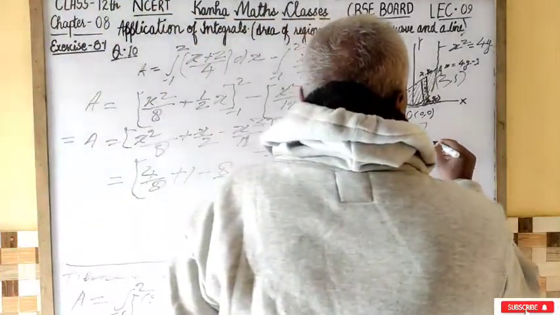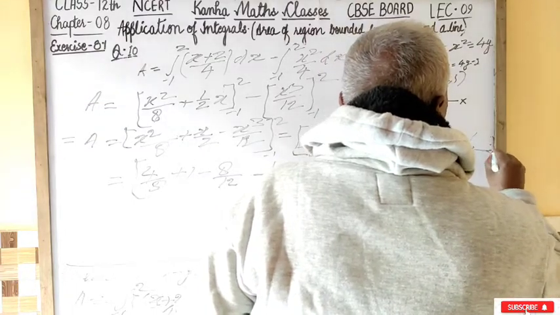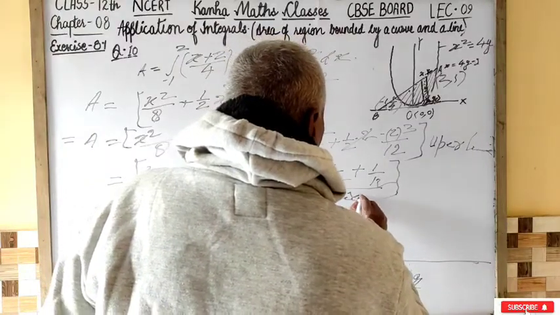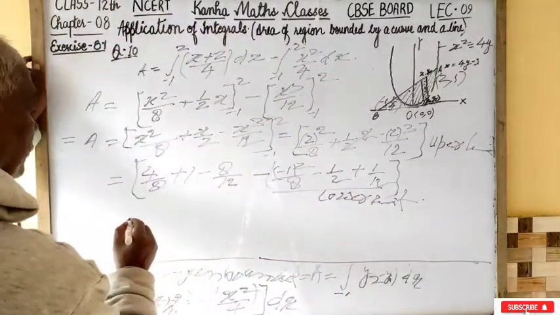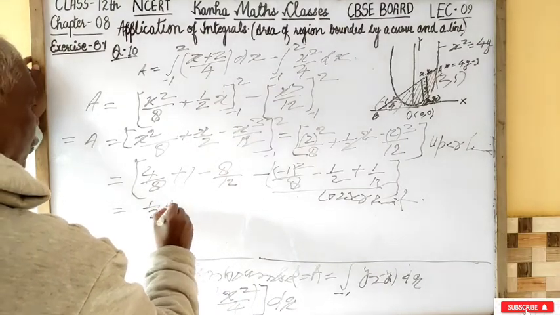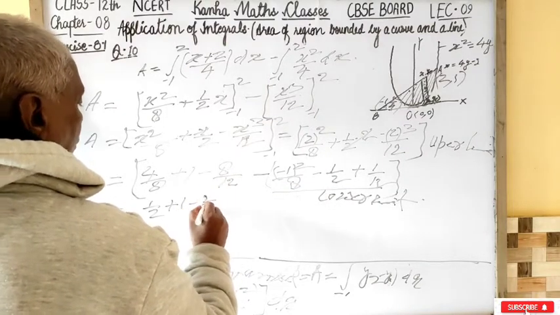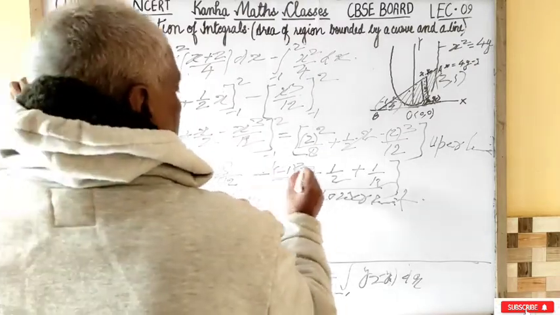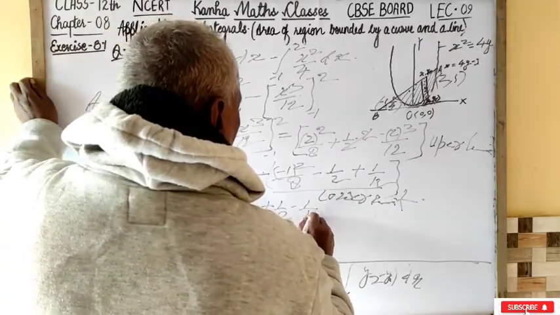This is the upper limit and this is the lower limit. Now this will become 4 by 8 plus 1 minus 8 by 12, minus 1 by 8 minus 1 by 2 plus 1 by 12.